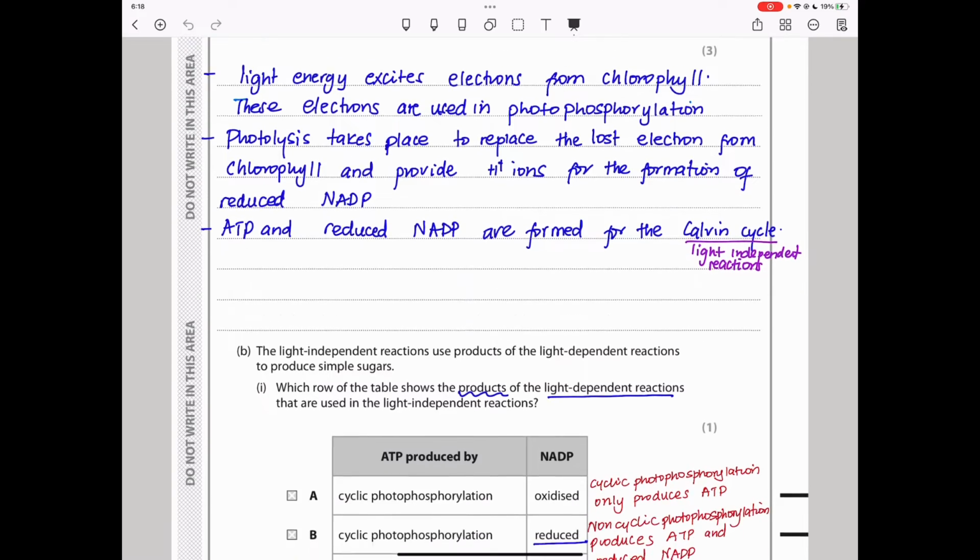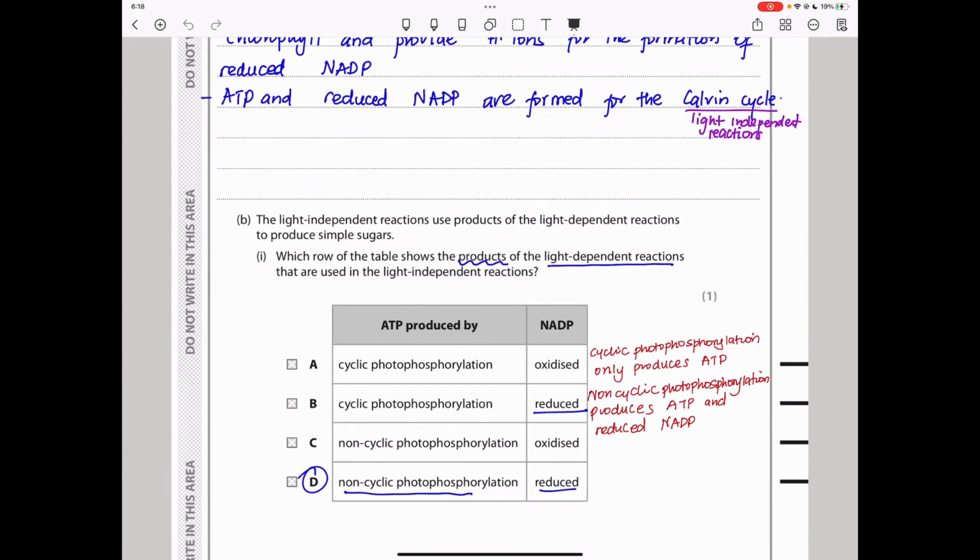So let's continue. The next part says, the light-independent reactions use products of the light-dependent reactions to produce simple sugars. Which row of the table shows the products of the light-dependent reactions that are used in the light-independent reactions? Here they say for ATP production, ATP can be produced by both non-cyclic and cyclic photophosphorylation, so you could go with that.